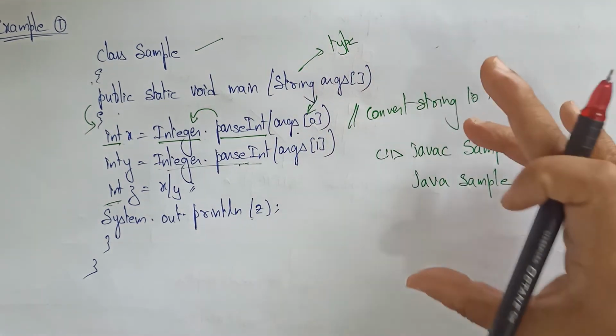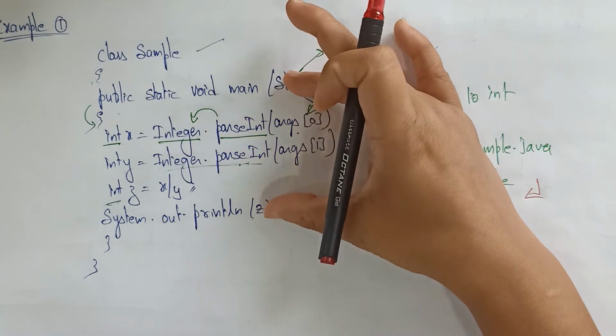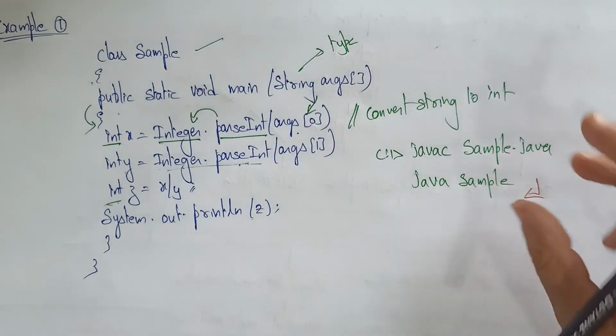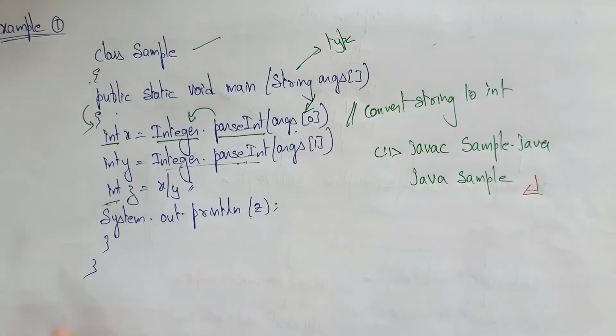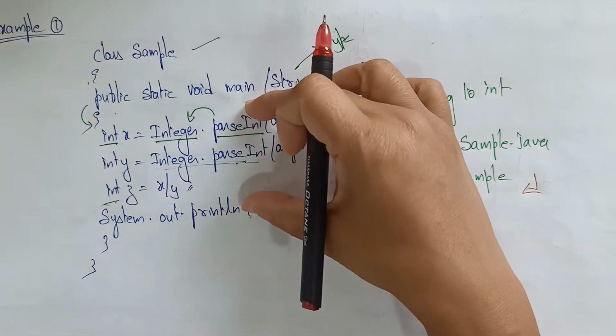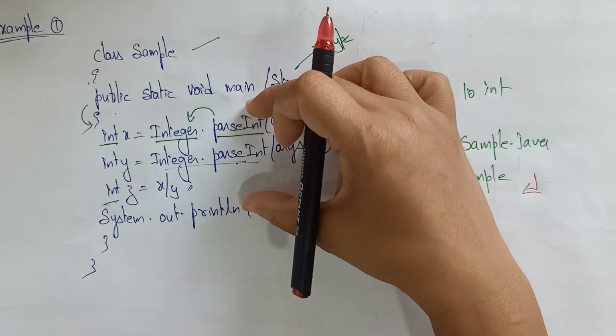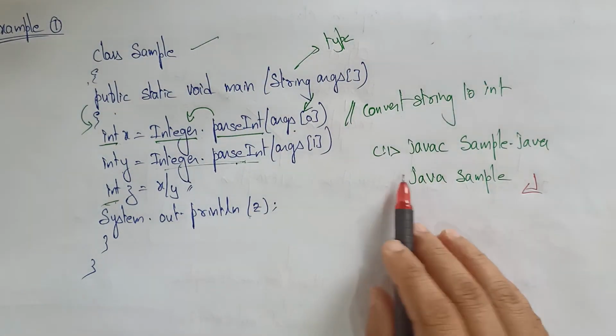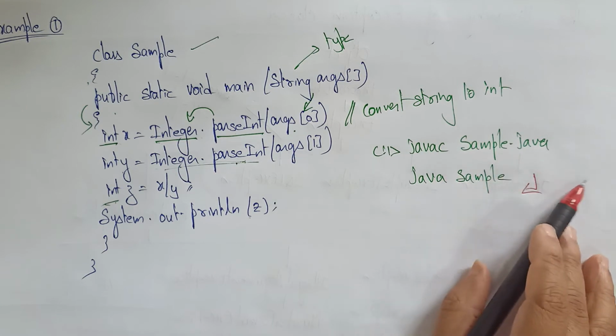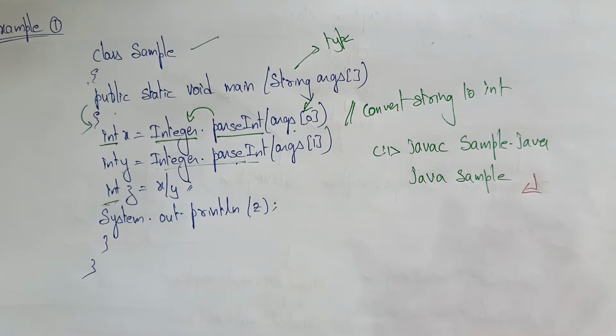Please pause the video and type this program, and try to write this command on the command prompt. Try to run this program in Notepad, or if you are running on the IDE, go to the arguments, and there just javac Sample.java, meaning java Sample. That's it. You are not giving any arguments. Try to run the programs.